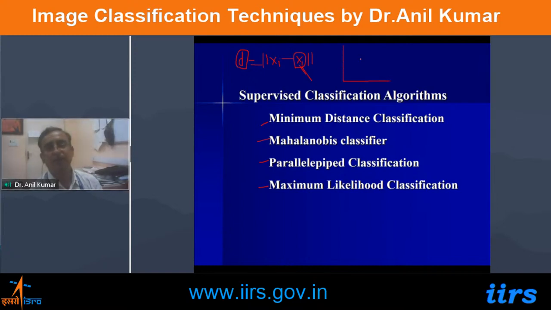Suppose this is the feature space. This is the first mean, for class 1. This is the mean for class 2. So this is a pixel we have to classify. So we can find out here distance 1 and here distance 2. So whichever is minimum, we can label this pixel to class 1 or class 2.